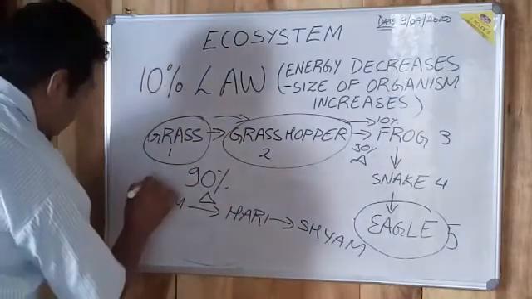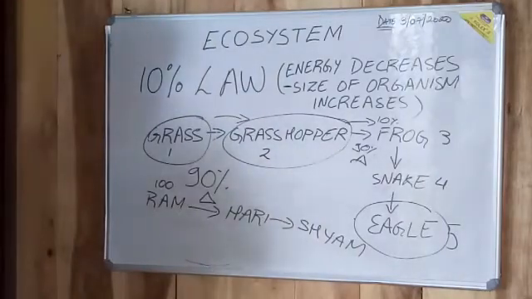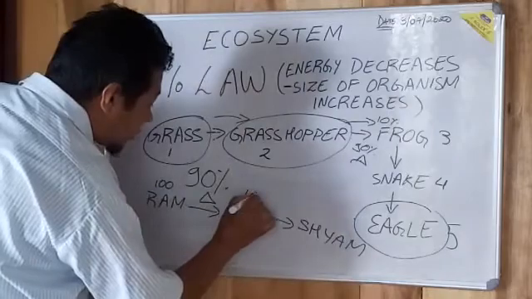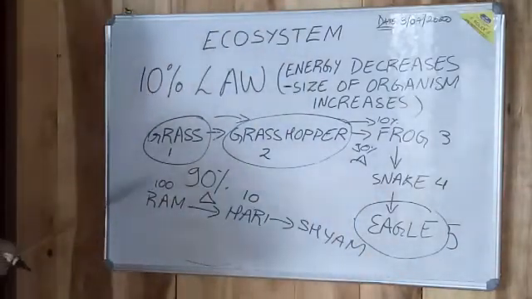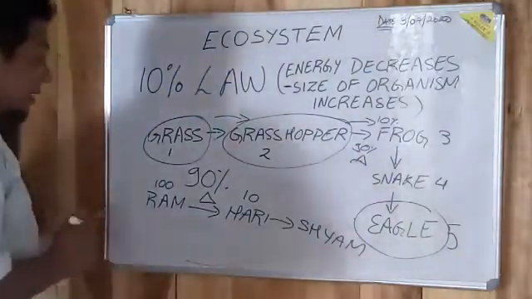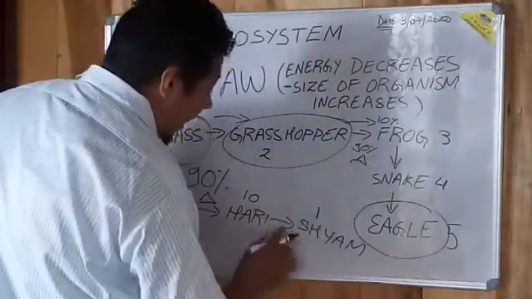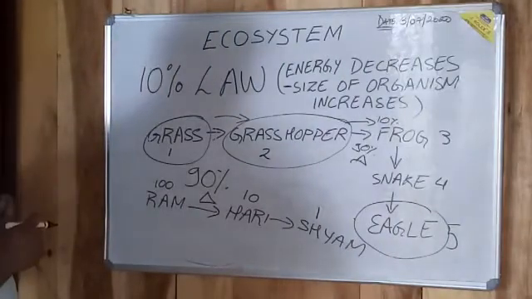If Ram has 100 sweets with him, when Ram is eaten by Hari, Hari gets only 10 sweets. 90% of the energy, 90% of the sweets, will be lost as heat energy. Hari will get only 10 sweets. Similarly, Shyam will get only 1 sweet, and 9 sweets will be lost by Hari as heat energy.